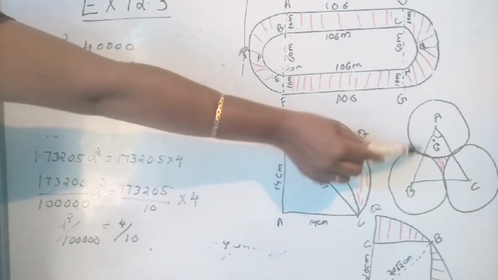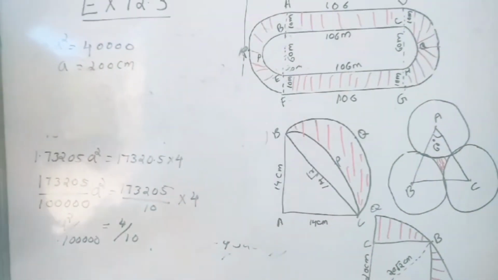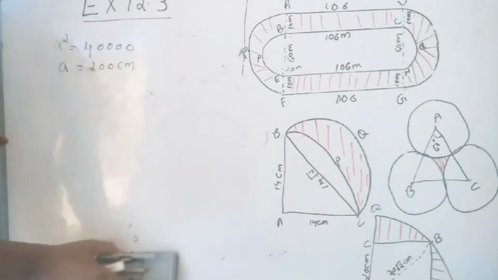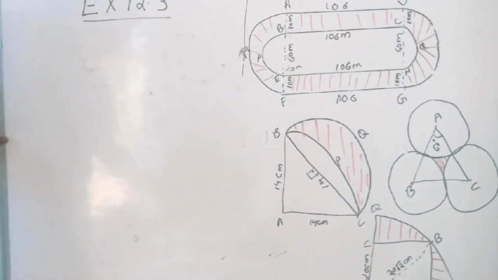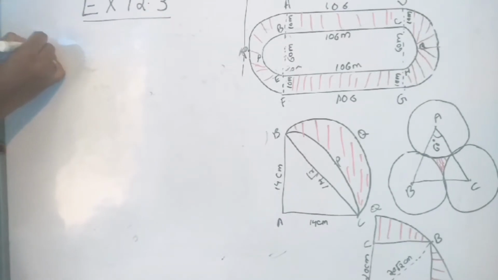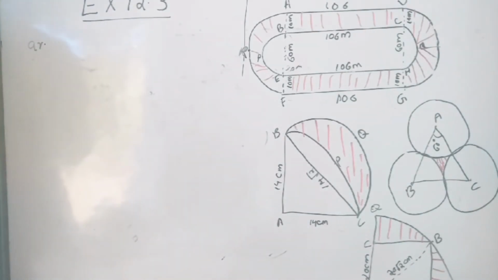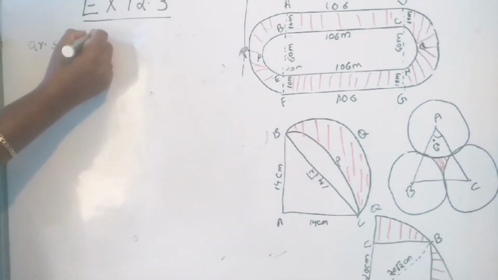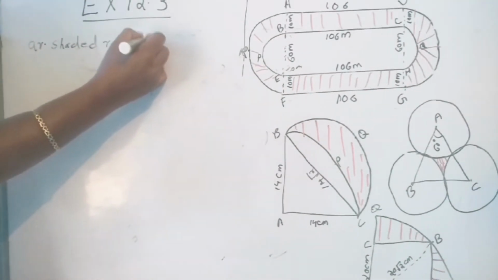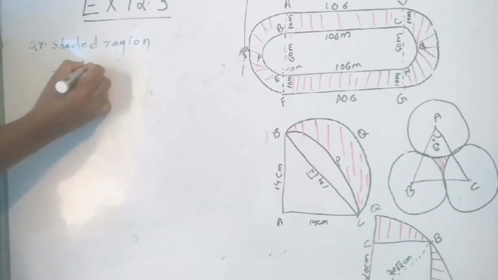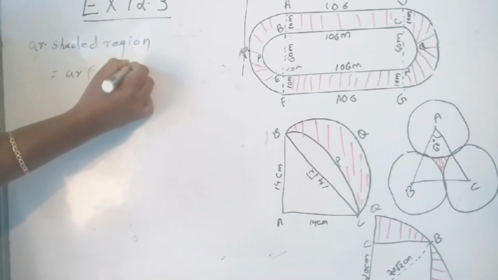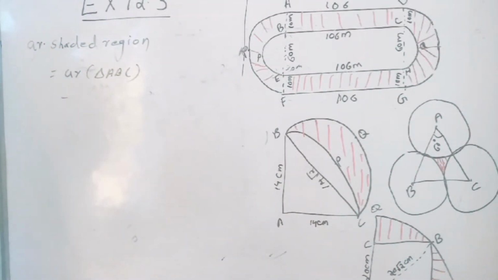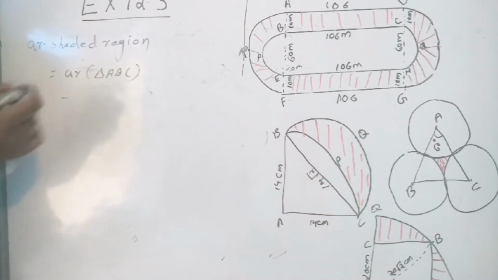So we have three such sectors. So the area of the shaded region is equal to area of triangle ABC minus area of three equal sectors, with the angle of each sector 60 degree.